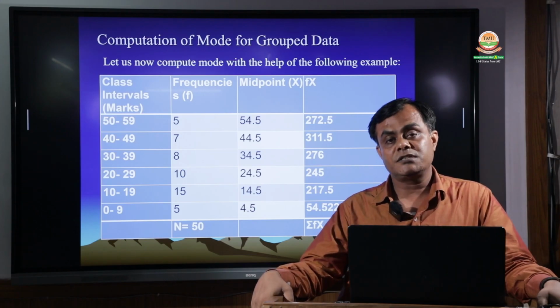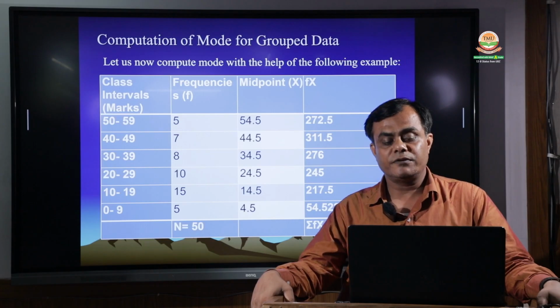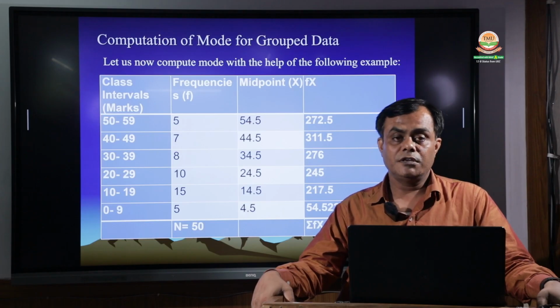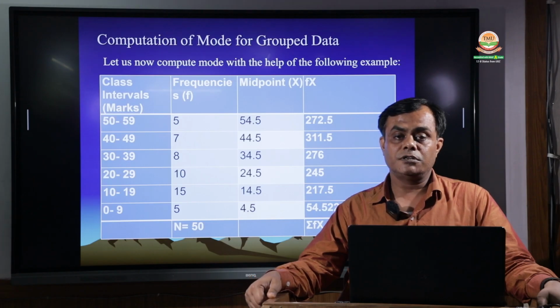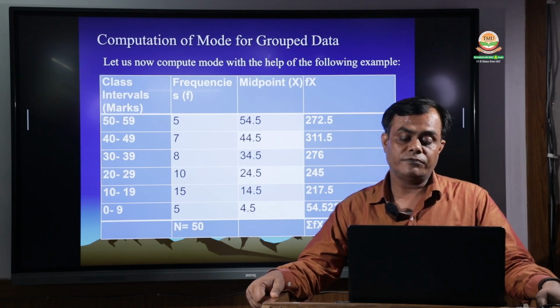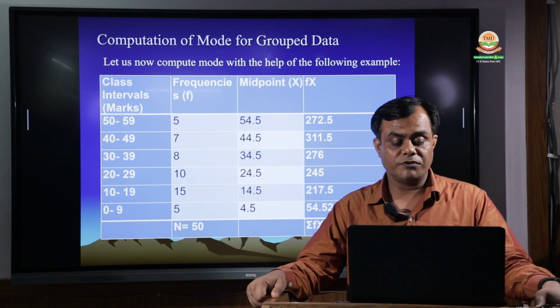The first class interval is 50 to 59 and the frequency value is 5. The second class interval is 40 to 49 and the frequency is 7. The third is 30 to 39 with frequency 8. The fourth is 20 to 29 with frequency 10. The fifth is 10 to 19 with frequency 15.